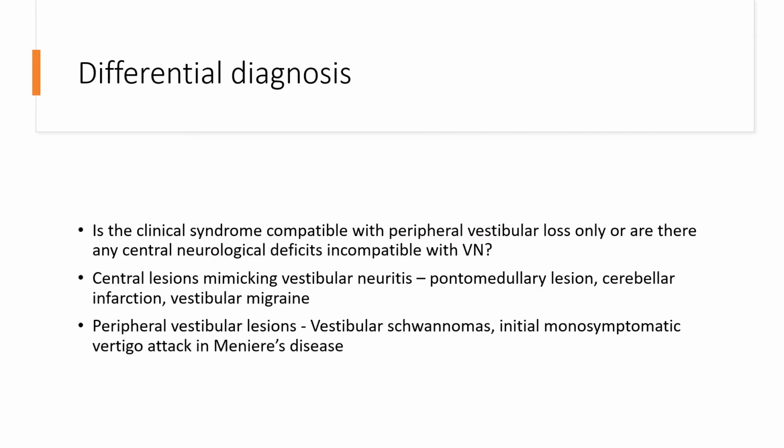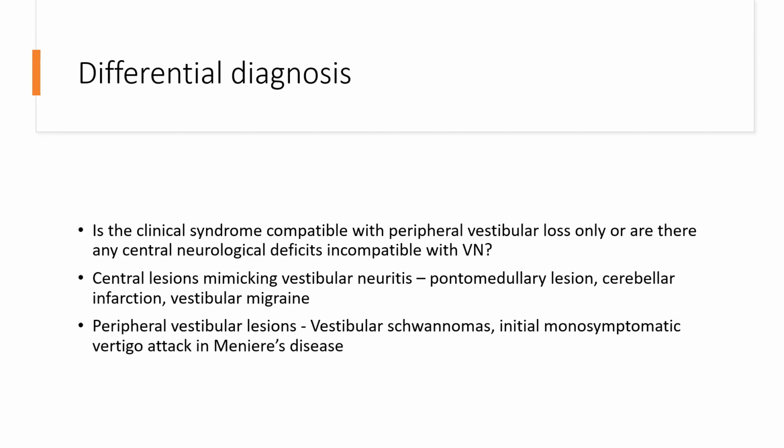What are the differential diagnoses of vestibular neuritis? These can be central lesions mimicking vestibular neuritis, or peripheral lesions that mimic vestibular neuritis. Central lesions can be infarction in the pontomedullary junction, cerebellar infarctions, and even vestibular migraine.